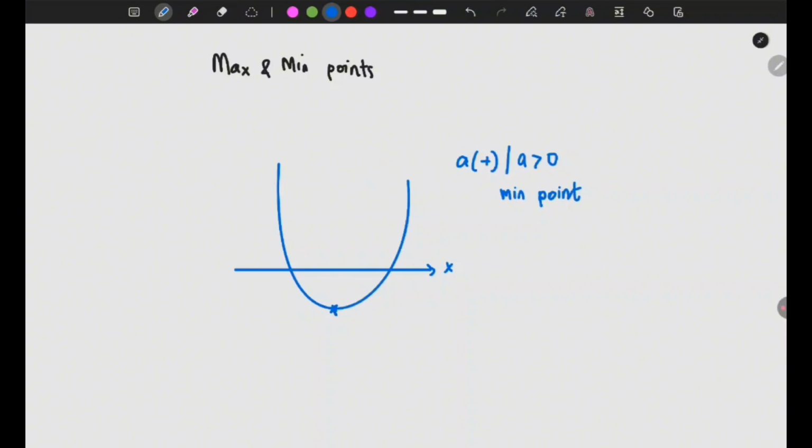So the y value is referring to the minimum point. And what about the x-axis? This x value of the quadratic will represent the axis of symmetry.